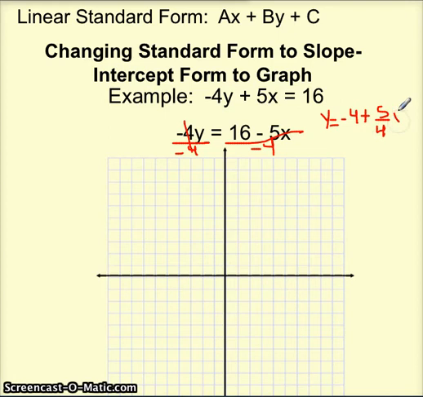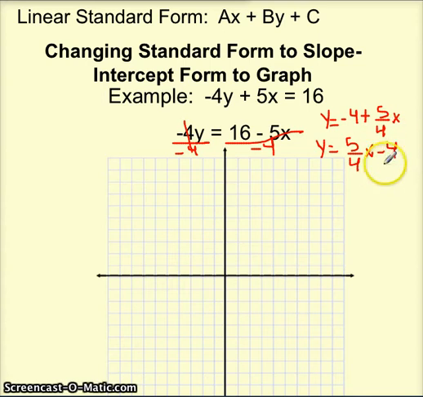And now again, I have b plus mx, but I want it to be y equals mx plus b, so I just have to switch around my order. Okay, so the 5/4 x is positive. And the b, the negative 4, this is negative, so I have to make sure I write it that way.